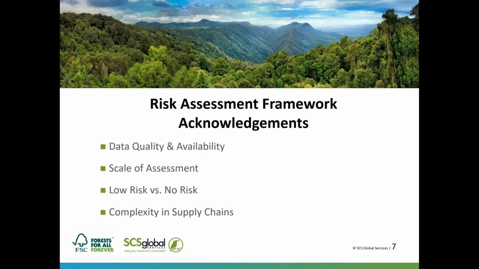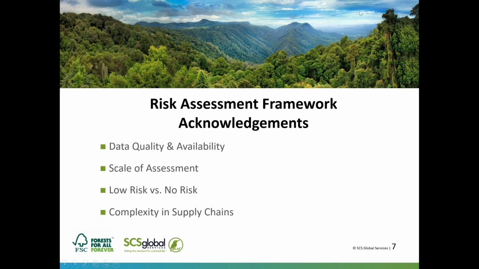And the framework, or the national risk assessment, or the procedures also acknowledge the complexity in the supply chains. Some organizations with controlled wood may be sourcing directly from the forest.